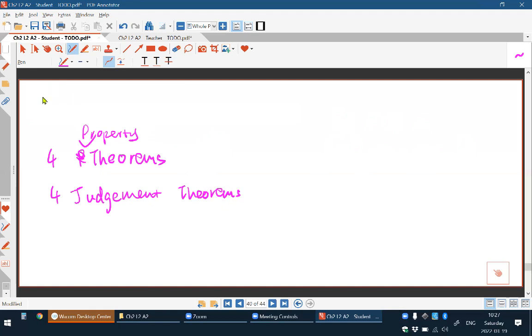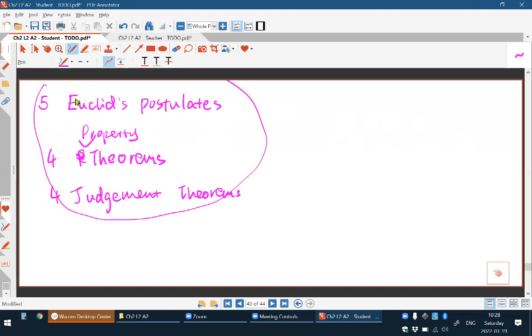And do not forget, we also learned the five Euclid's postulates. This is what we have learned so far: five postulates or five axioms.